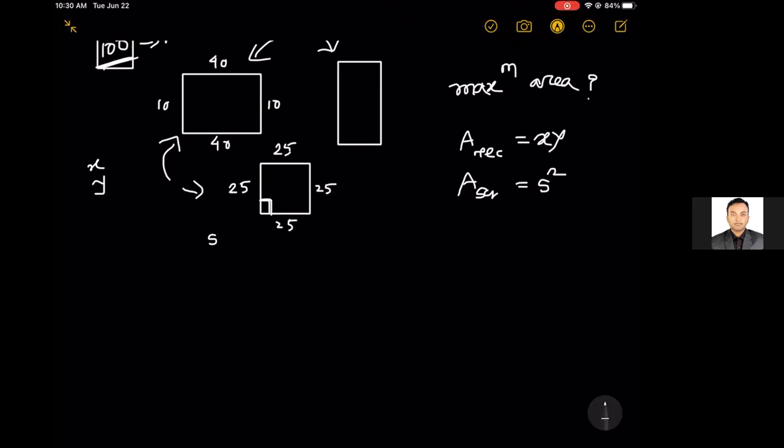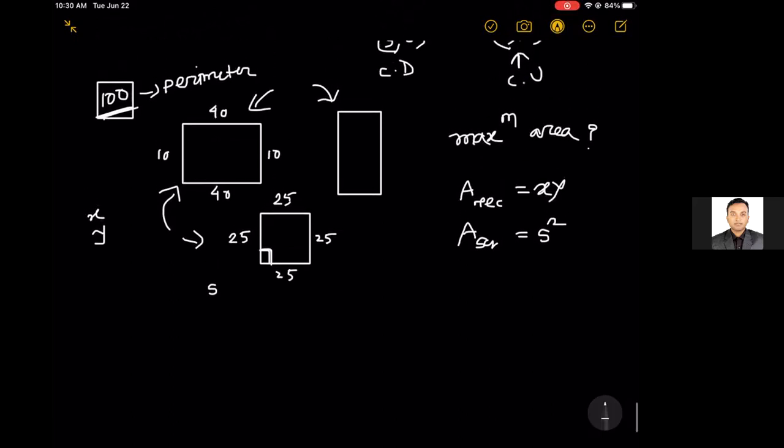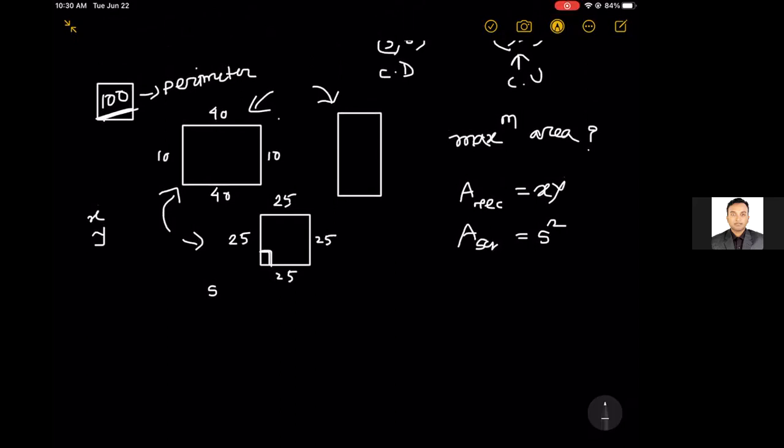Now if I find the area for the rectangle here, it will be 40 times 10. Do you agree? It's just the area of the rectangle. And if I find the area of the square, it's 25 squared, which is 625.